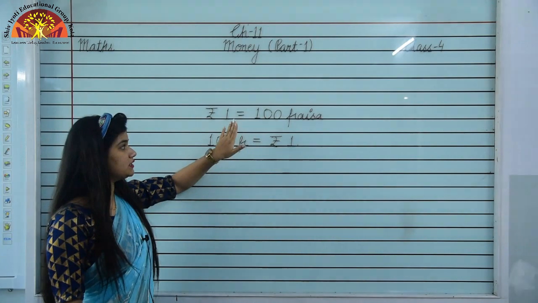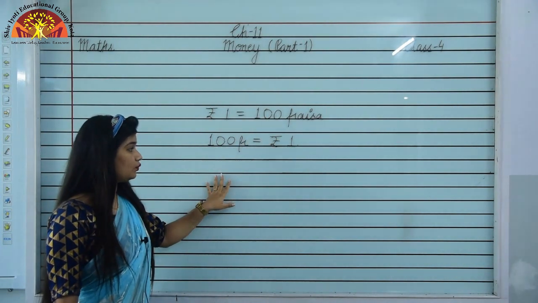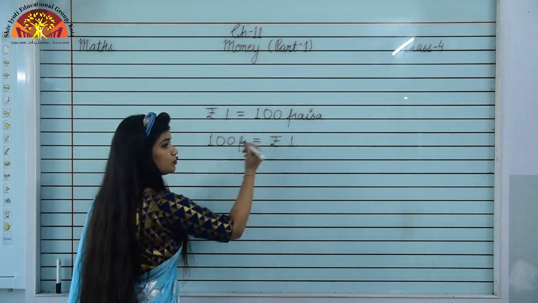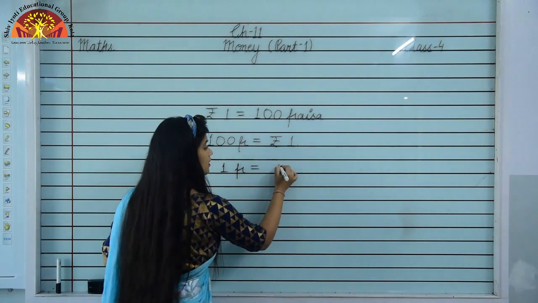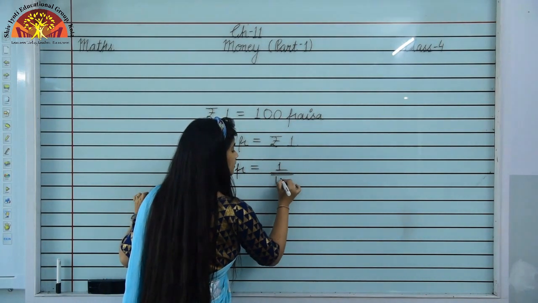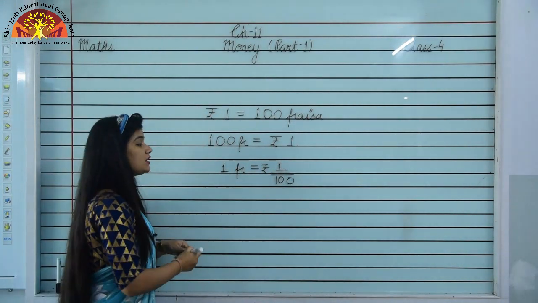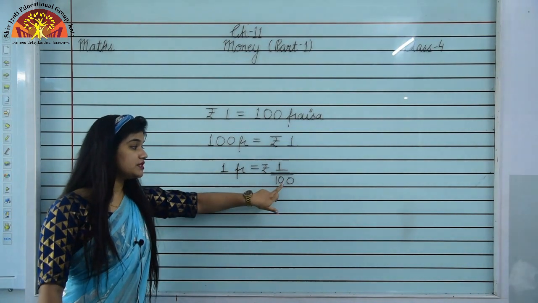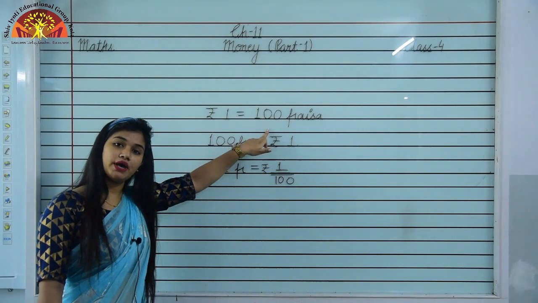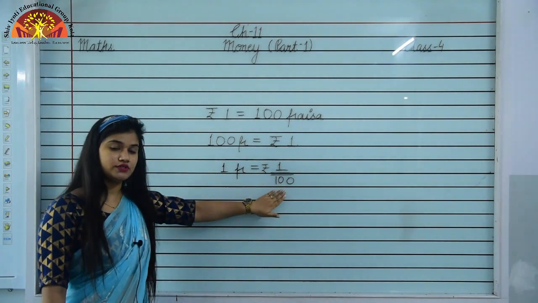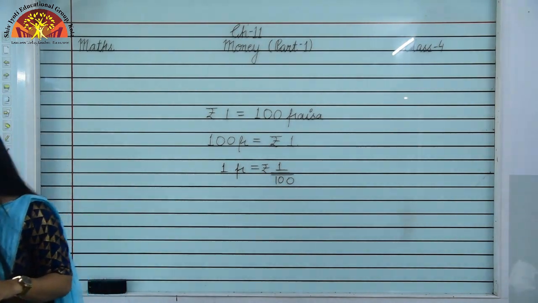When converting rupees to paisa, multiply by 100, and when converting paisa to rupees, 1 paisa is equal to 1 upon 100 rupee, so you have to divide by 100. Is it clear? So now we will start book work.